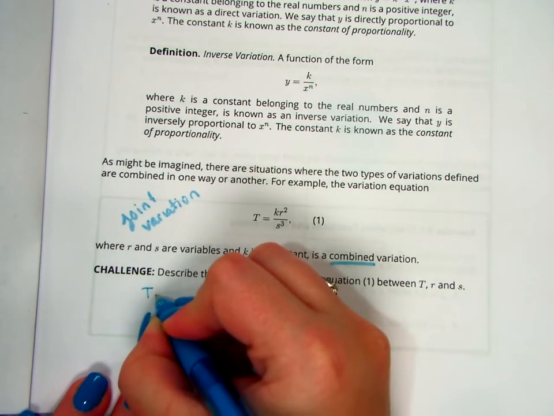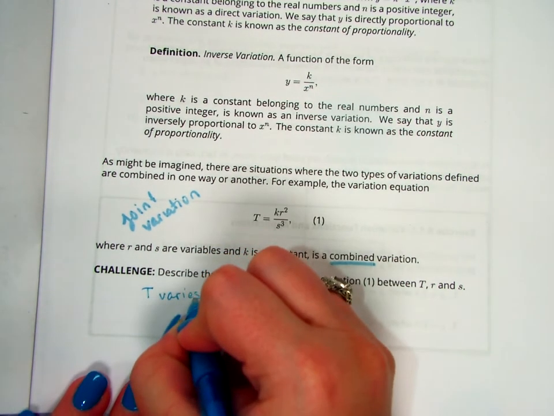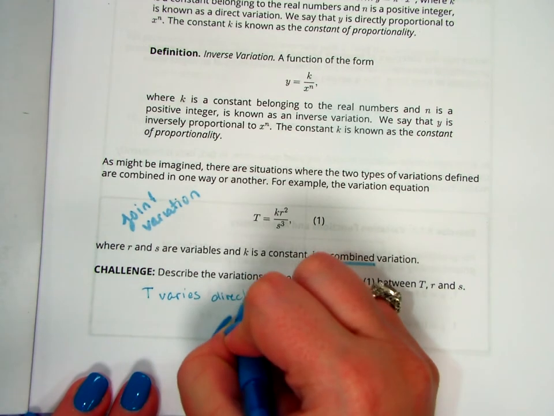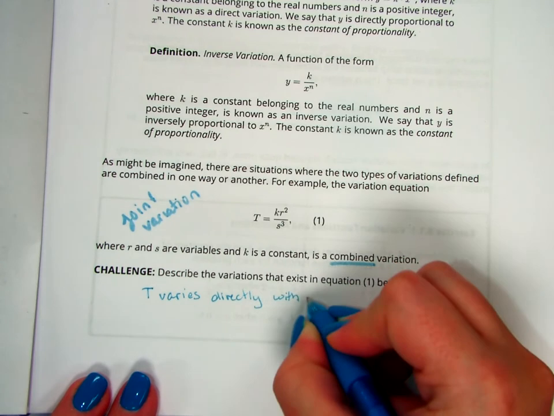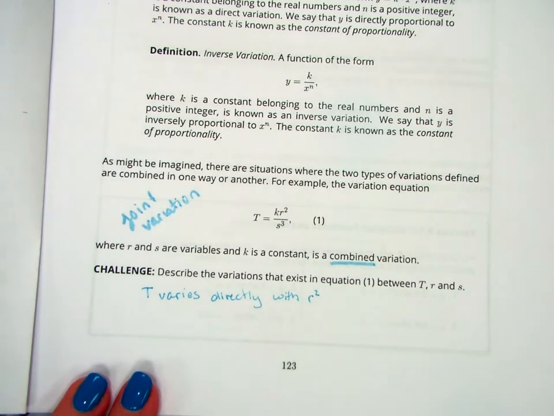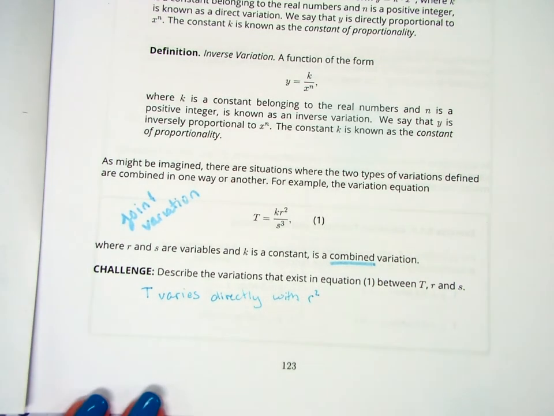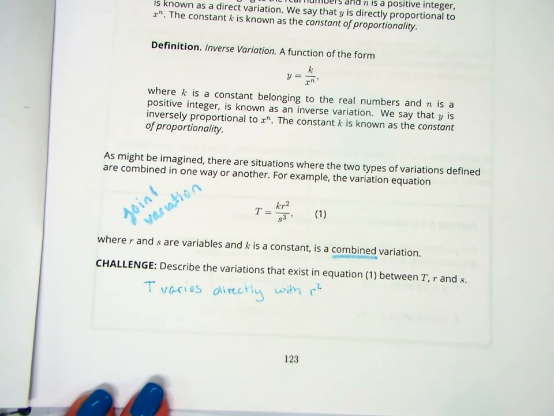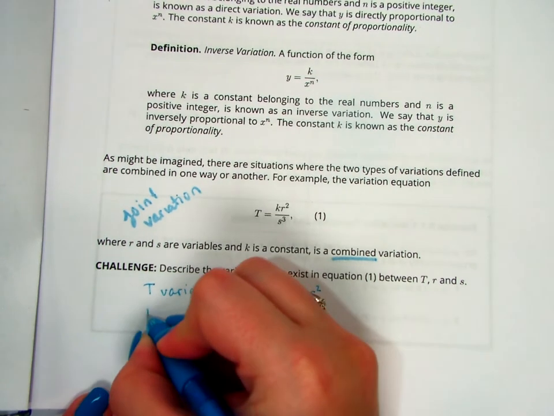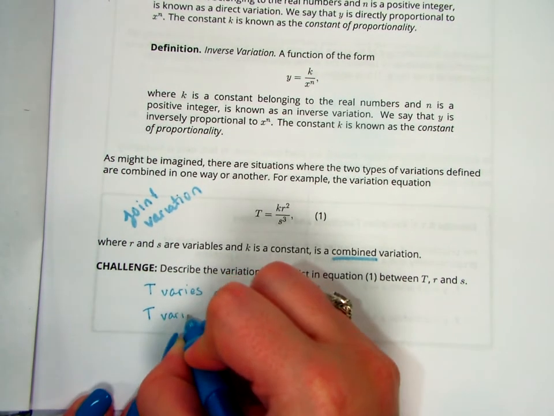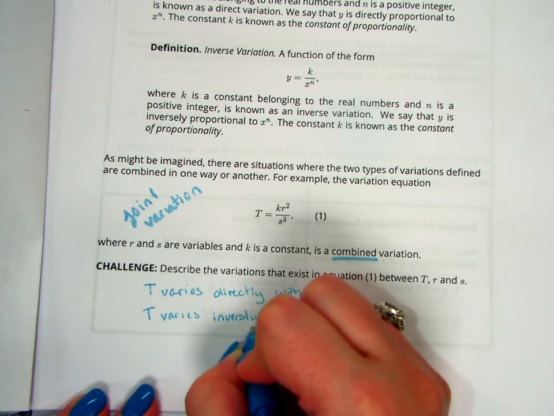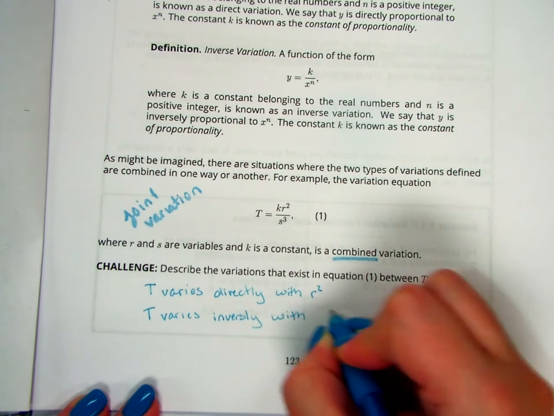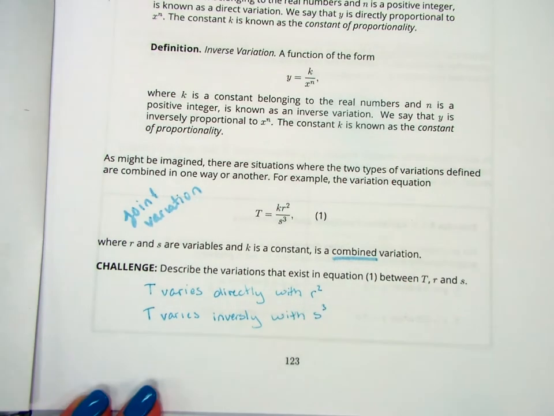So we could say t varies directly with, oops, I forgot the i, and it's actually with r squared, right? Because there's a square on that r. T varies inversely with what? S cubed.